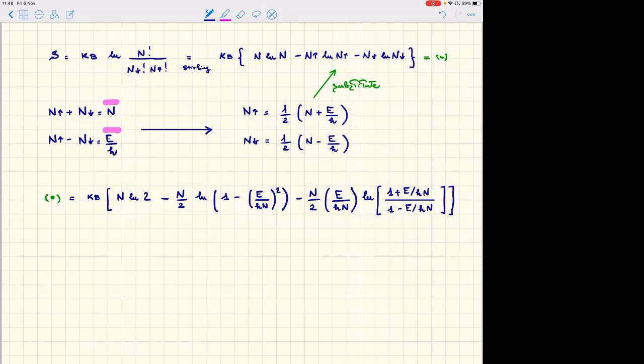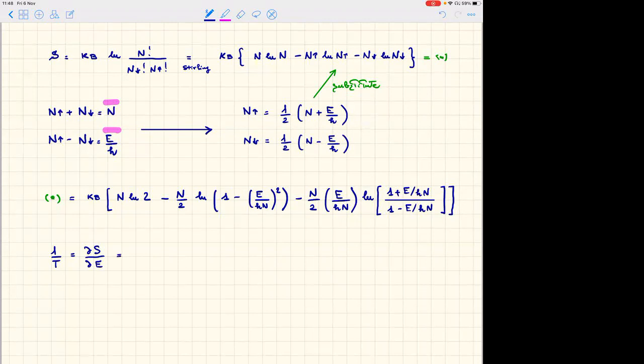So given this expression, I can, for example, compute the temperature, 1 over T, which is equal to dS/dE.